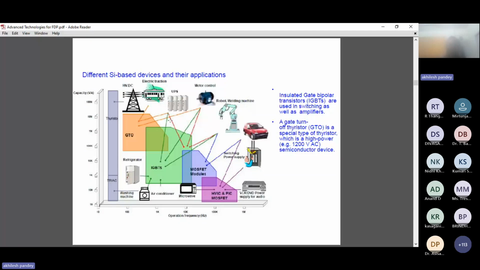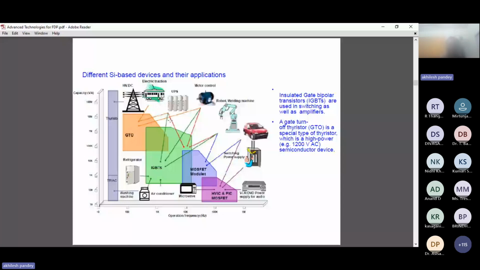These are the operating frequencies. You can see starting from 100 hertz to 1 megahertz, and various appliances like washing machines, home appliances, air conditioners, microwaves, car switches, switch power supplies, robot motor control, and UPS, in which silicon based devices are very well used.